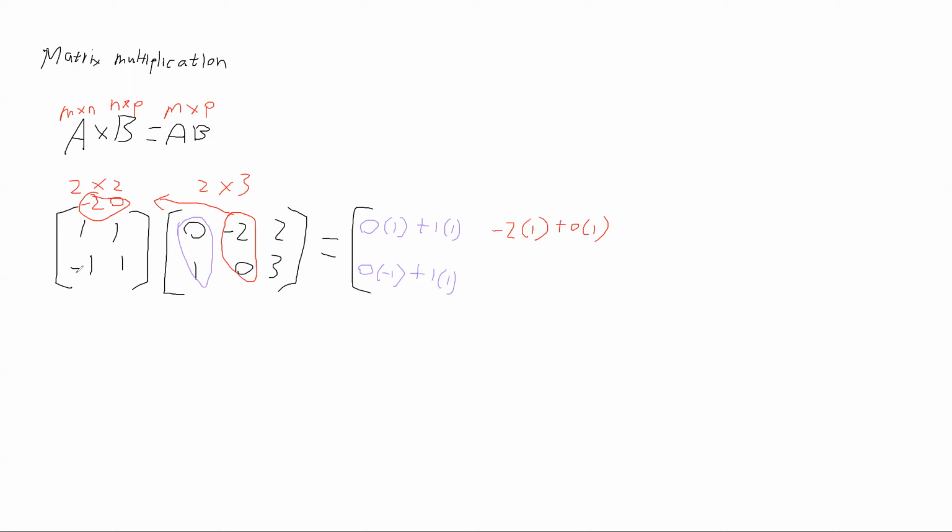Then we can move on to the second row and second column, which gives us this entry right here. Do the same thing: negative 2 times negative 1 plus 0 times 1. That gives us the second column in our final product. Then we can move on to the last one.